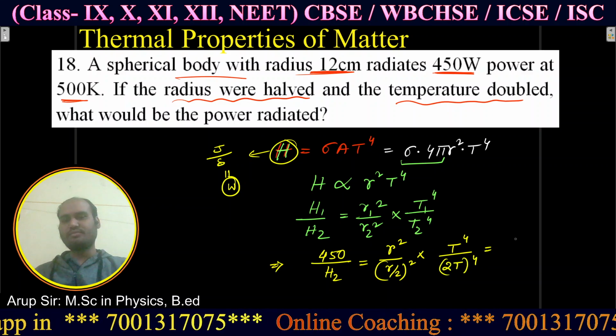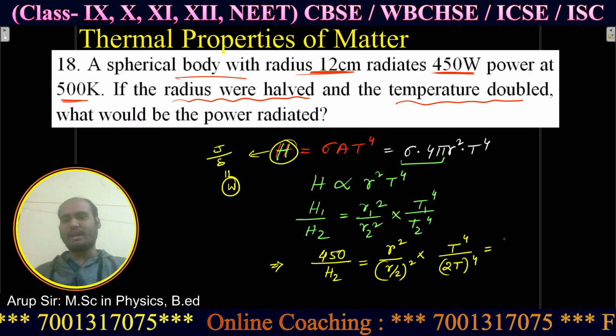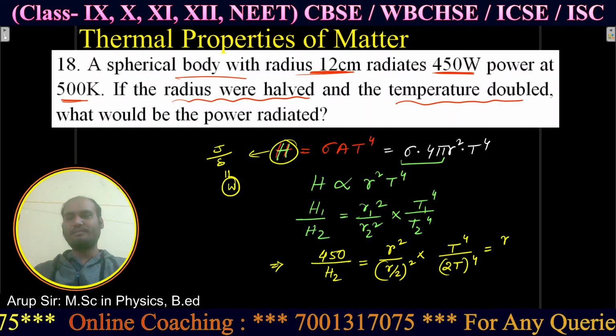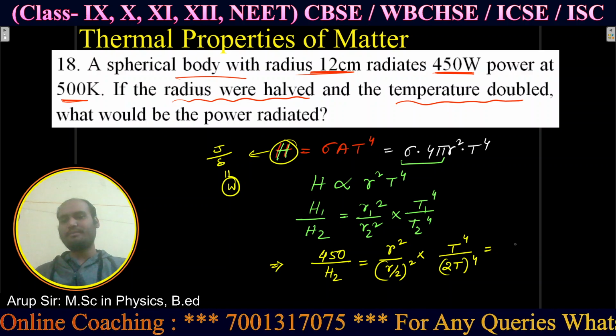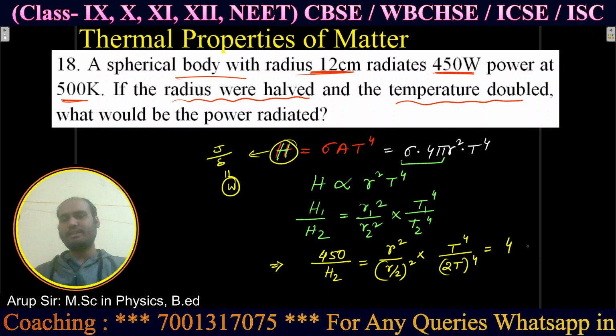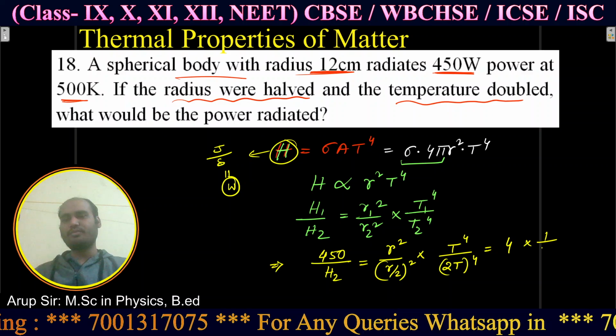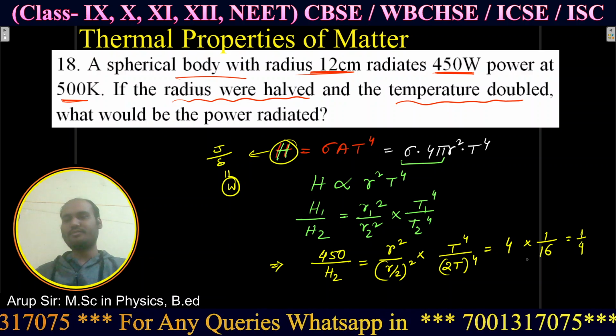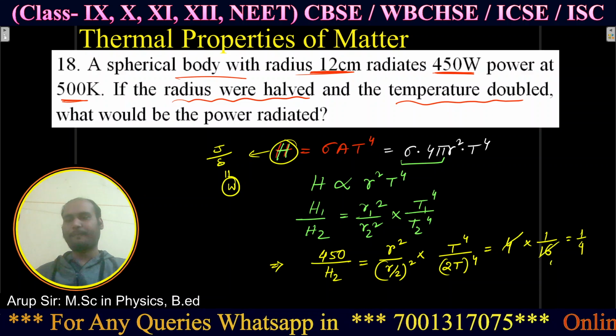So r square cancels, and this 2 square means 4 will go in the numerator, and into 1 by 2 to the power 4. 2 to the power 4 is simply 16, so you will get 1 by 4, right?